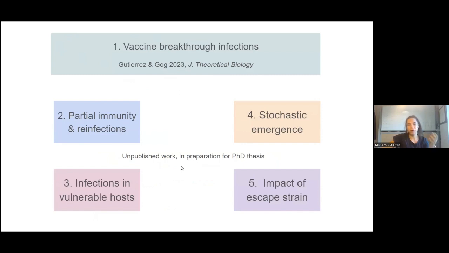Then I'm going to talk about more work that's currently in preparation that helps us answer those two questions: whether it's always intermediate levels of vaccination that increase the risk of vaccine escape, and whether that effect might lead to more infections overall, not just a high risk of vaccine escape.